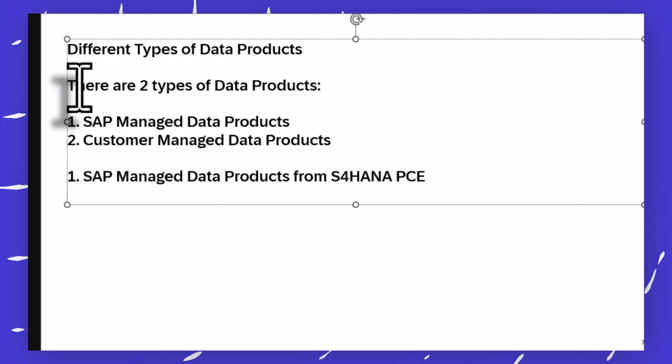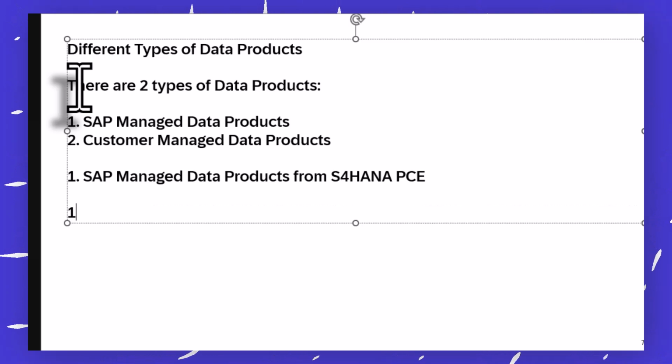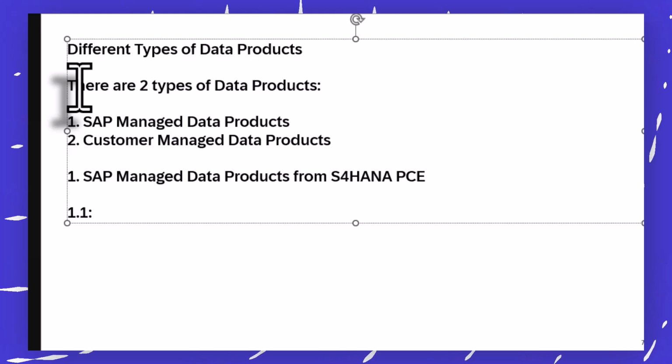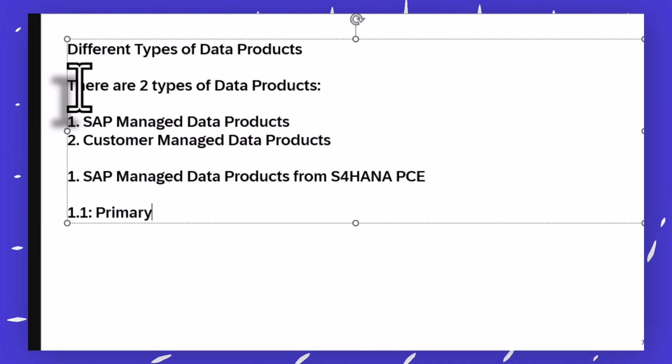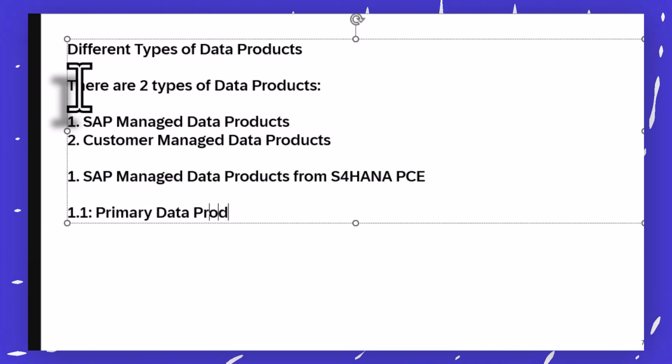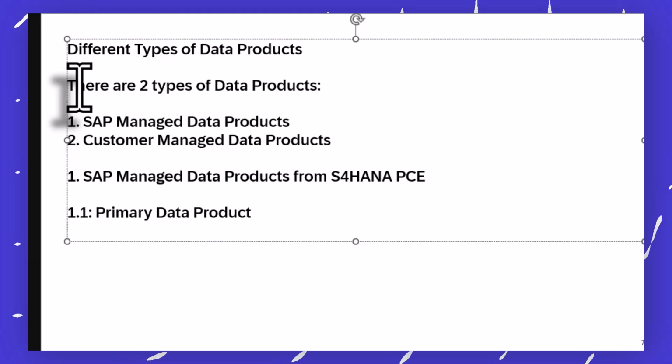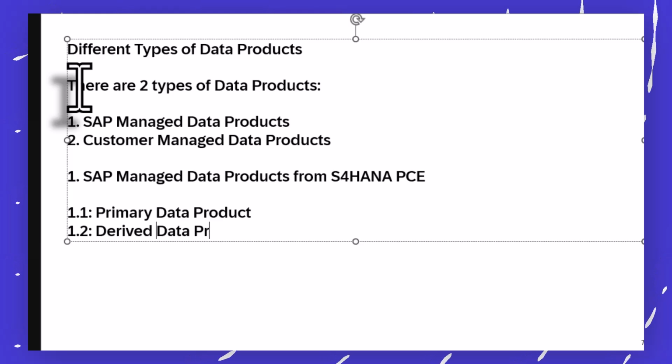Again, in SAP managed data products, there are different types. One is primary data product, and the second one is derived data product.